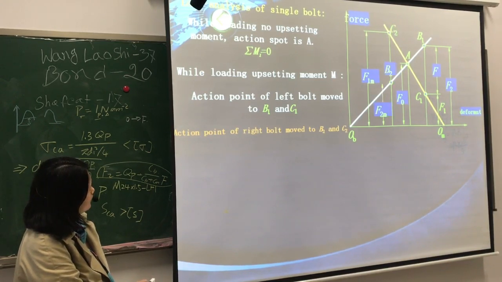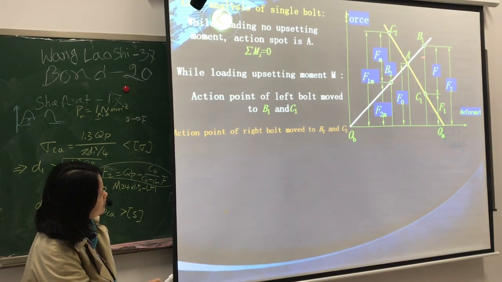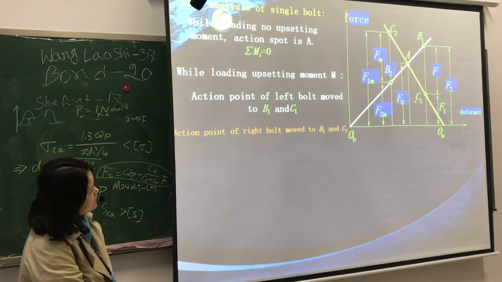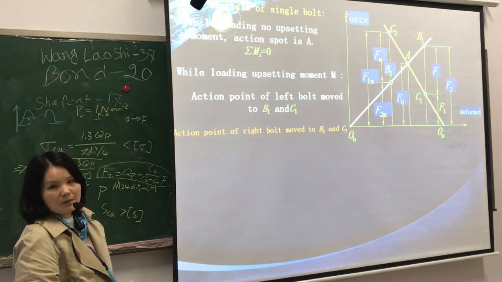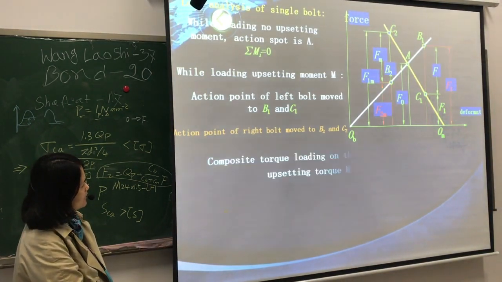On the right, it will move to B2. This is the resultant force for the left bolt, and this is the resultant force for the right bolt. And C1 is the resultant force for the left member, and C2 is the resultant force for the right member. We can calculate this under this condition.